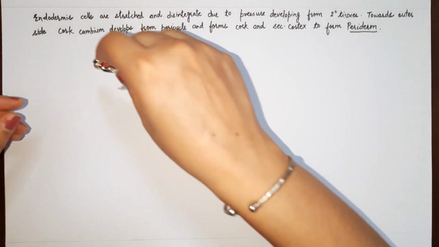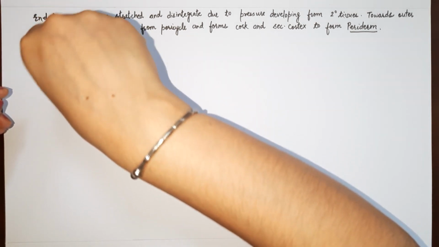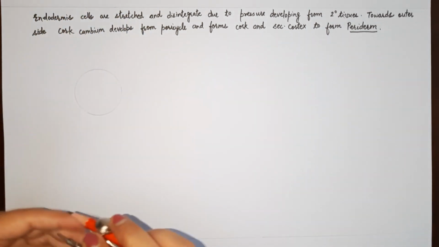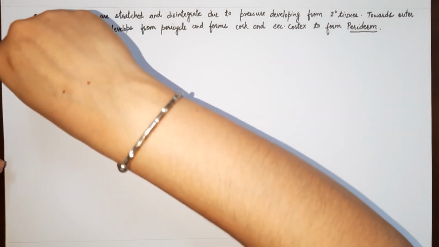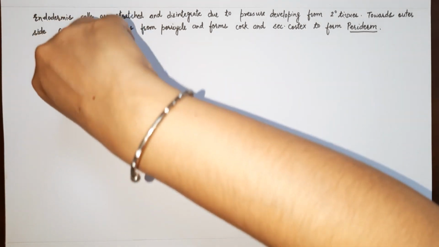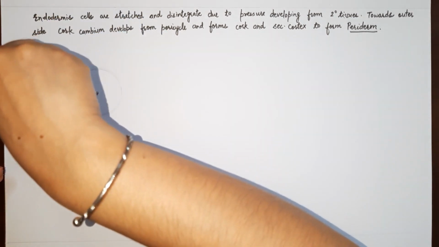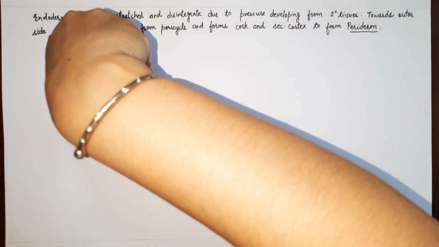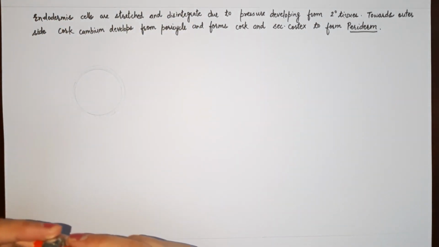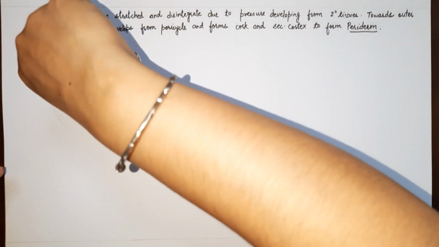So, for the primary structure, we will show stellar region, so draw a circle, just slightly bigger, a dotted layer for showing pericycle, another circle again close to it, slightly bigger, the endodermis, okay, and leaving some gap for cortex, the epidermis.